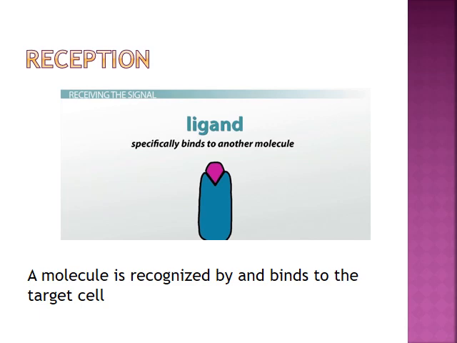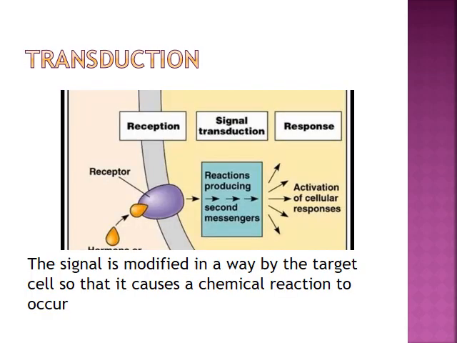Maybe it binds to a receptor, and the cell's then able to say, hey, there's a signal and it means something. So you receive the signal. Step 2, you transduce the signal. It's slightly modified, so it causes a chemical reaction to happen. Here we've got a signal coming in and binding to a receptor. So that's reception. Then something's going to happen in here that's going to produce messages inside of the cell.